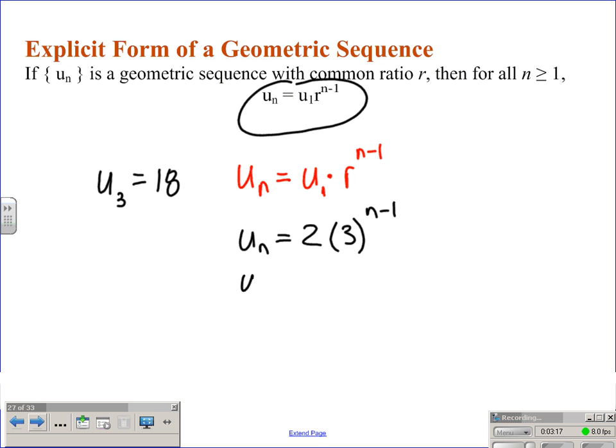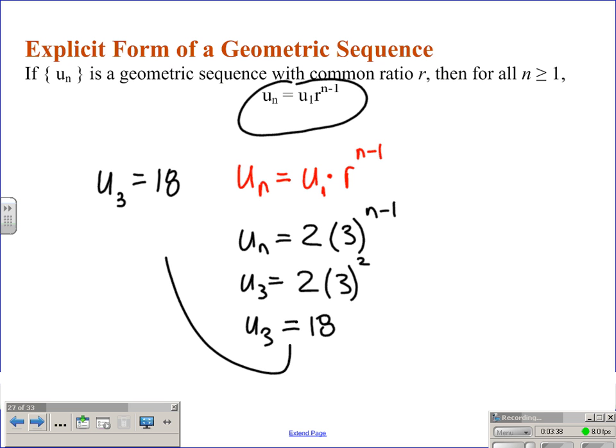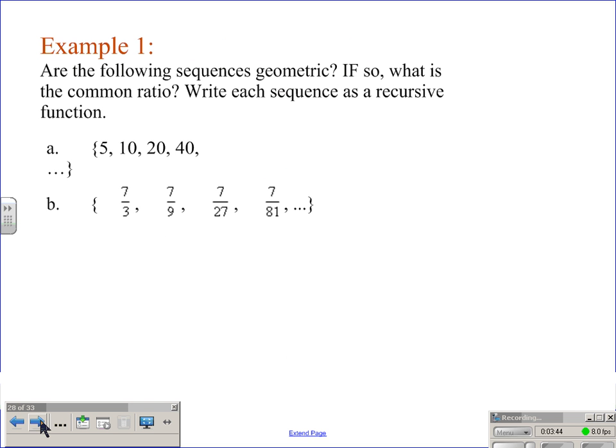And then the third term would be 2 times our common ratio, which is 3, raised to the 3 minus 1, which is going to give me 2 times 9. And that does turn out to give me 18. So it checks out. Okay, so that's an example of the explicit form working the problem.